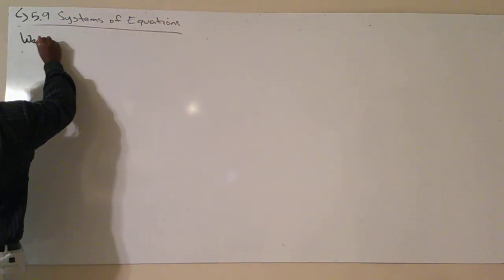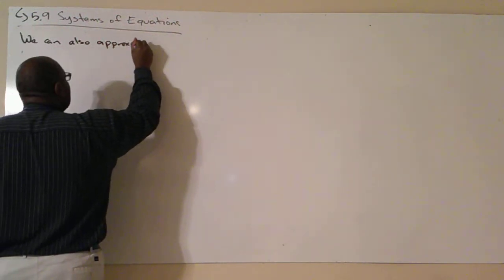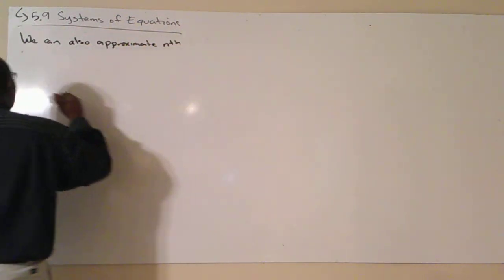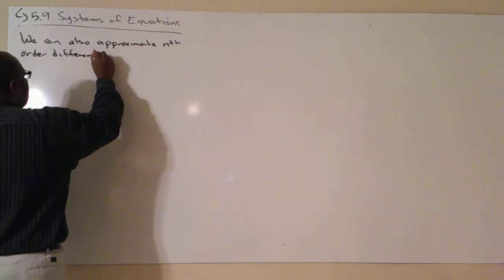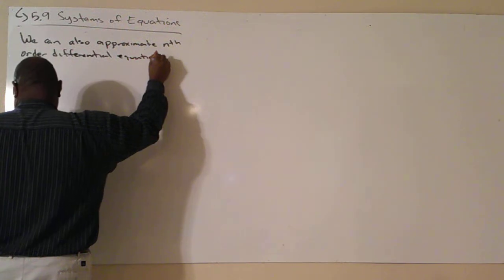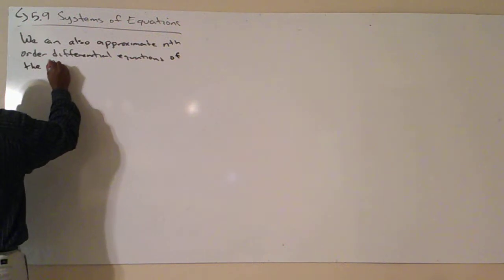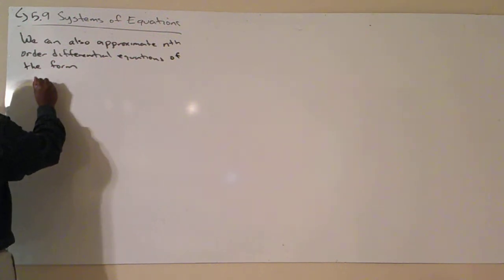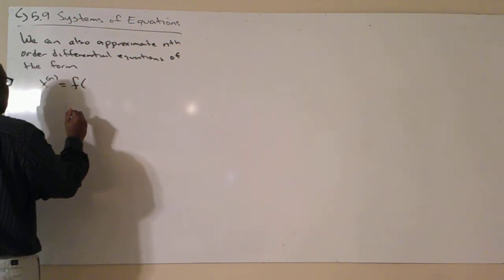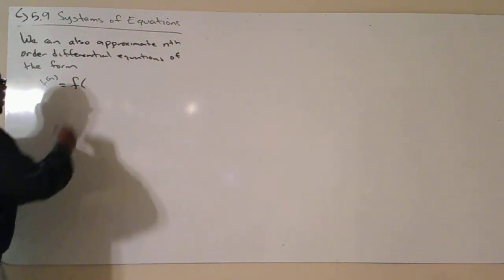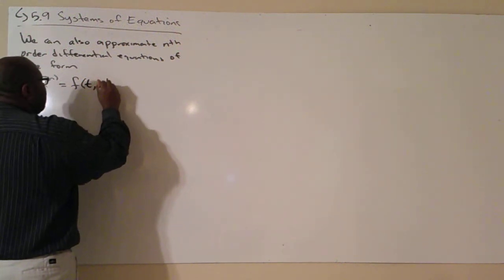We can also approximate nth order differential equations of the form: we have the nth derivative of x equal to some function in terms of t, which is my independent variable, and then the derivatives of x up to the n minus 1 derivative.